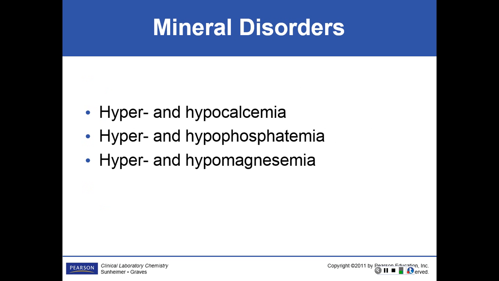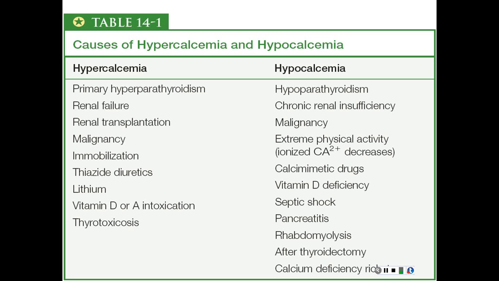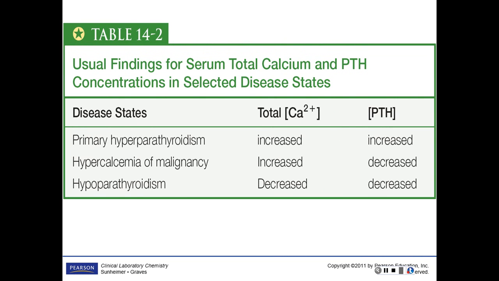Mineral disorders are hyper and hypo of the three minerals. This chart gives you elevated and decreased calcium levels in all these different conditions. It is significant to measure ionized calcium and parathyroid hormone, and you can see the two levels.